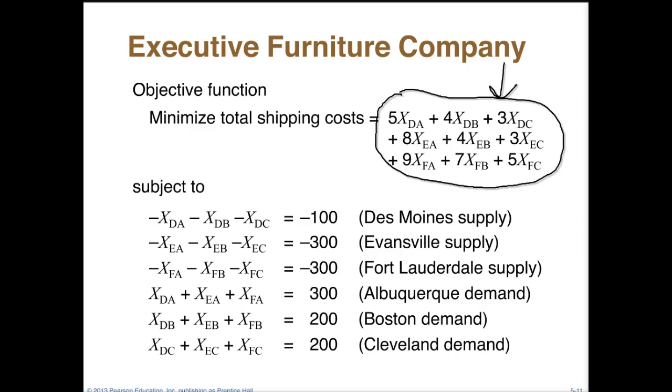All right, so now what we need to do is model our supply and demand. One of the things that we need to pay attention to here is that whenever we talk about supply, we're talking about product leaving a node.